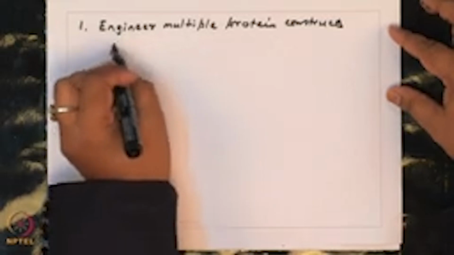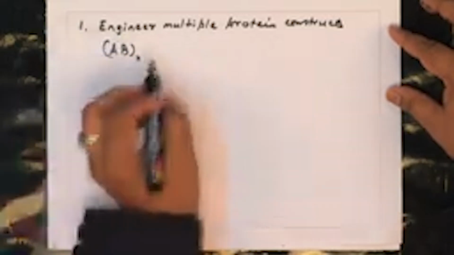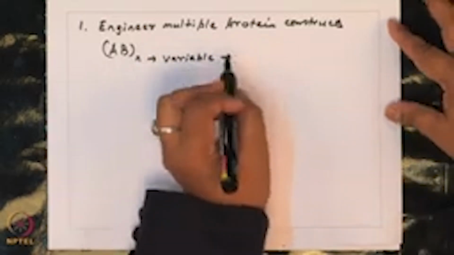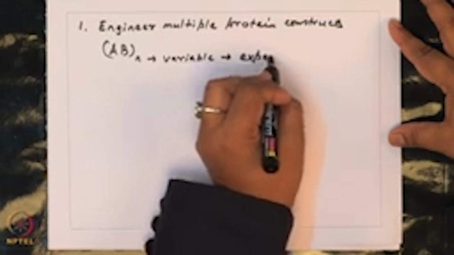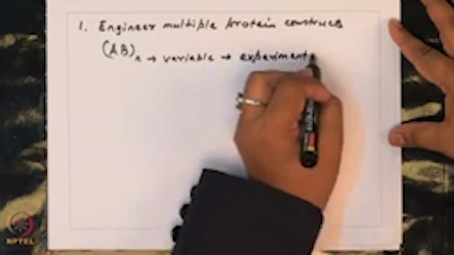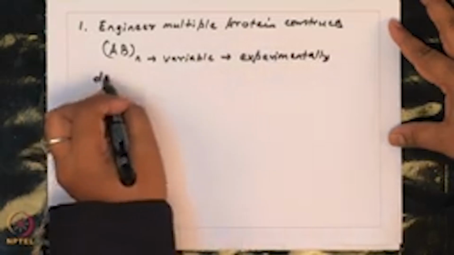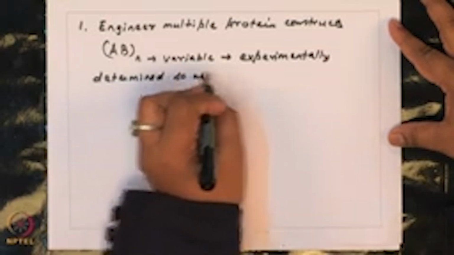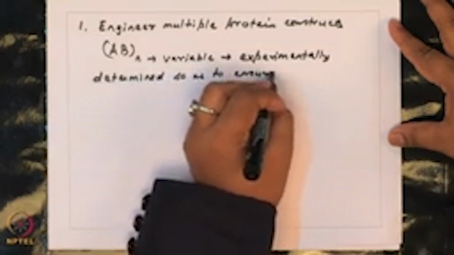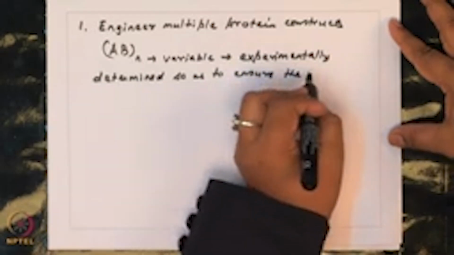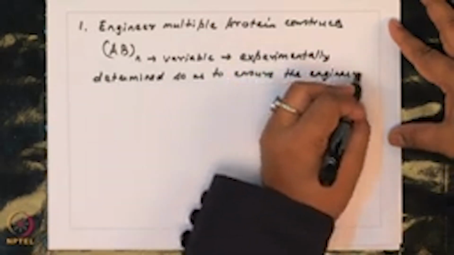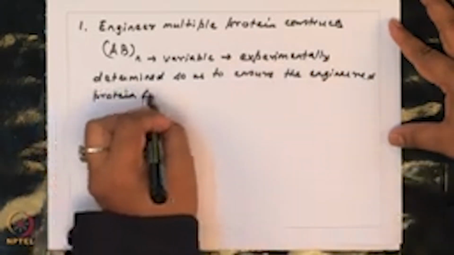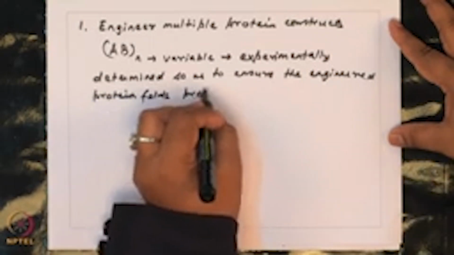So, I wrote it as A B of n, where n is a variable. n is experimentally determined so as to ensure the engineered protein folds properly.